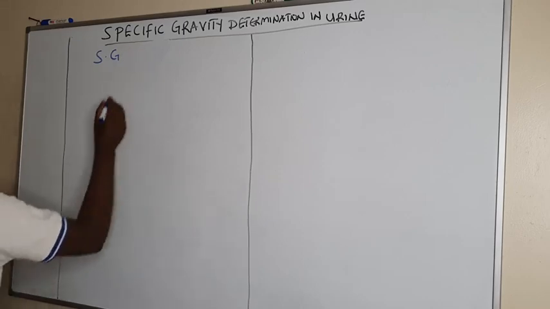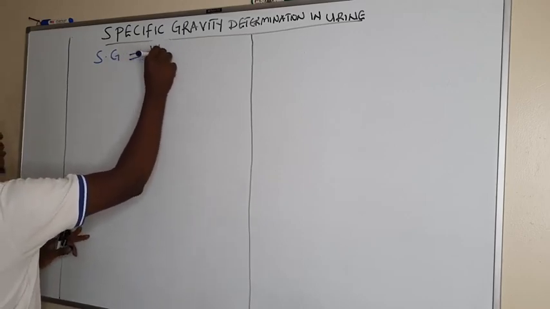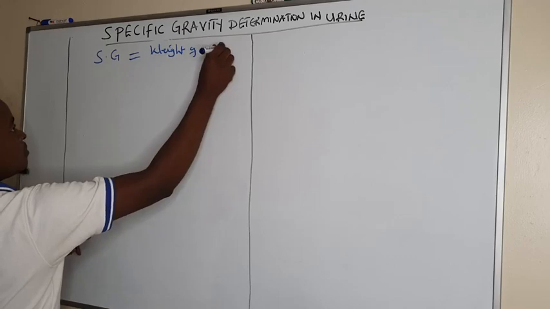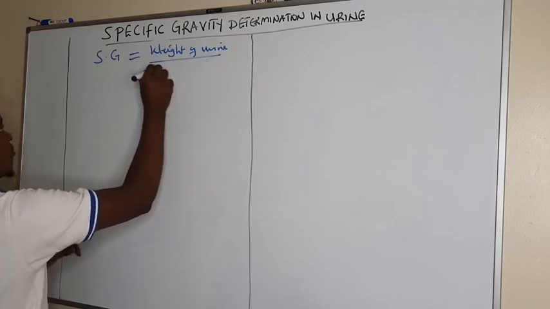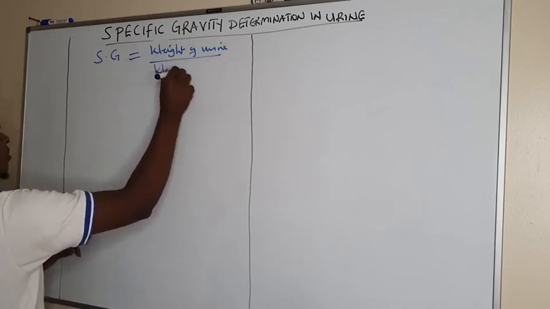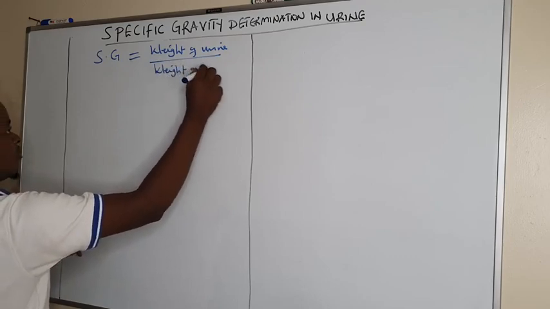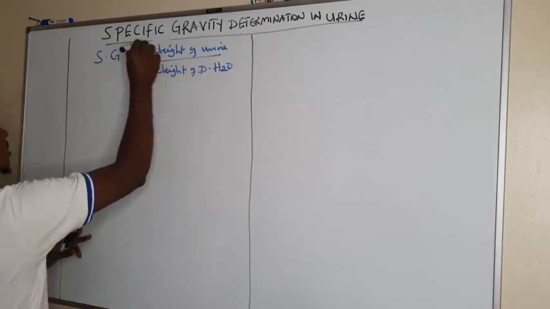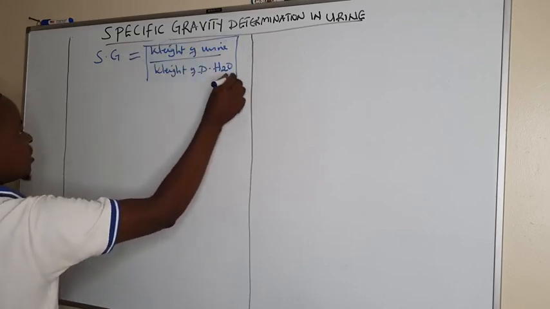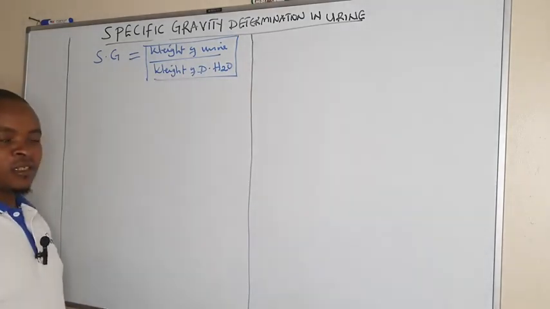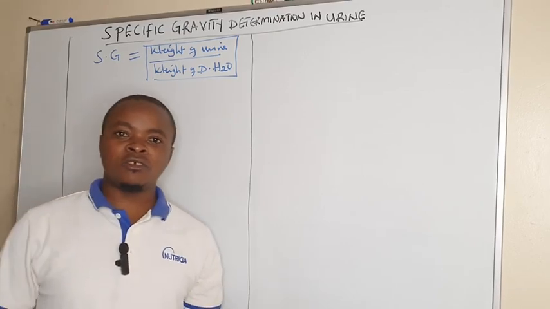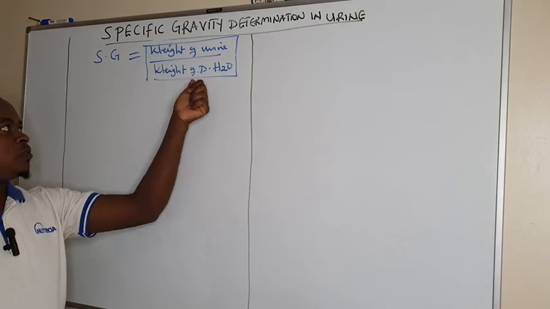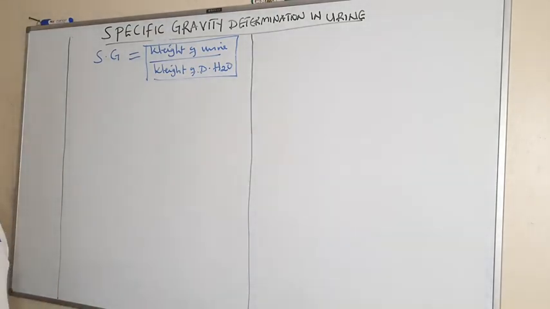Specific gravity is equal to weight of urine, divided by weight of equal volume of distilled water. So this is the formula we can use to determine the specific gravity in urine. So you're getting the mass or weight of urine, and you compare it with the weight of distilled water.